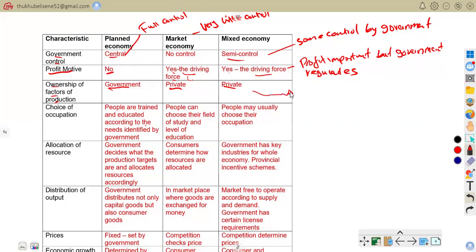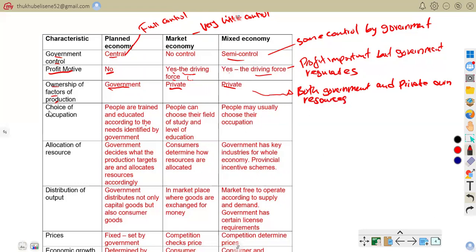Let's just make it clear: both government and private own resources. So that's that.